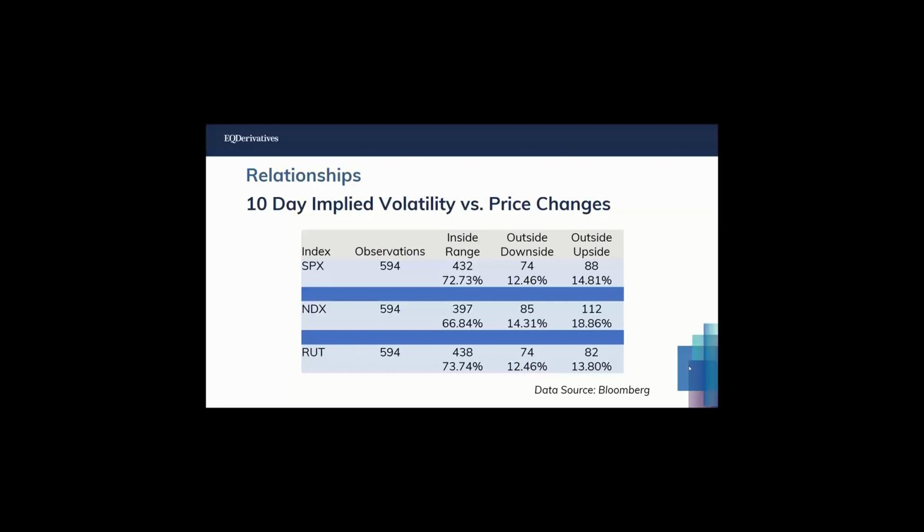So I believe that's what you're asking, is that 66.84%, is that saying that those are priced perfectly? Personally, I just think that it's an indication that if you think the first quarter of 2021 is going to be extremely volatile, you might want to look at getting long volatility with NDX options as opposed to SPX or Russell 2000 options.